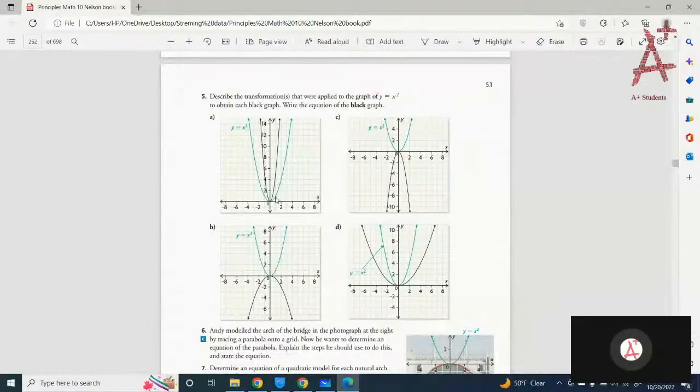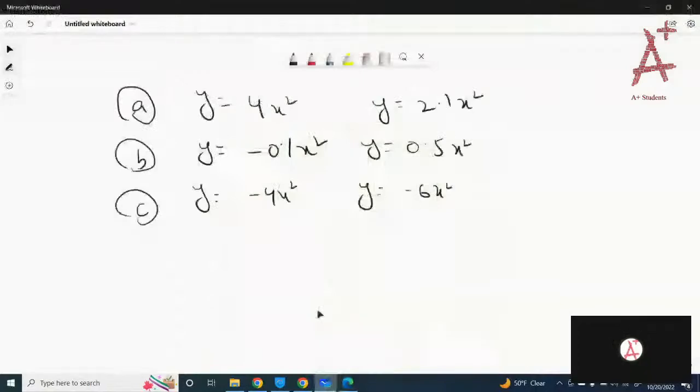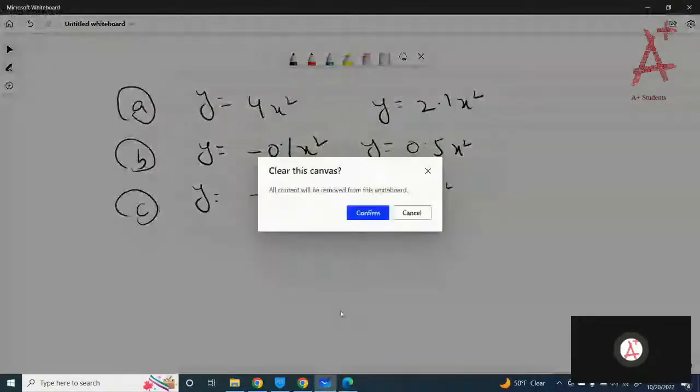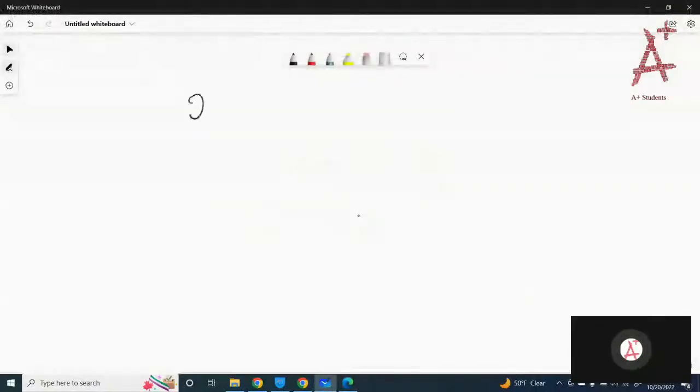You need to look at the transformed graph. So it is transformed to 1, 4. Got it? For question number 5A, the vertex is 0, 0.